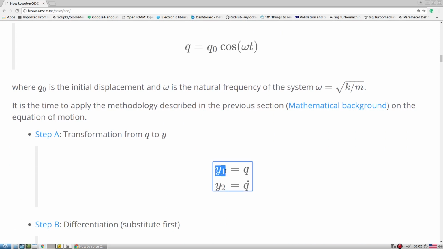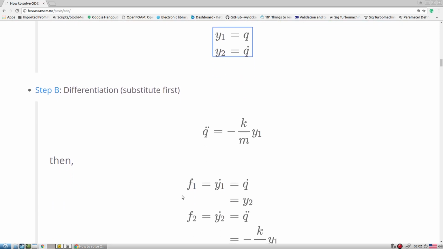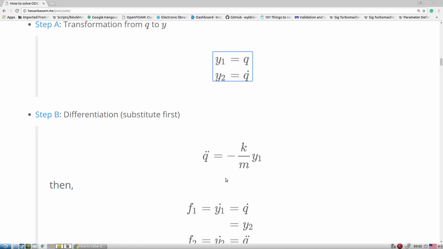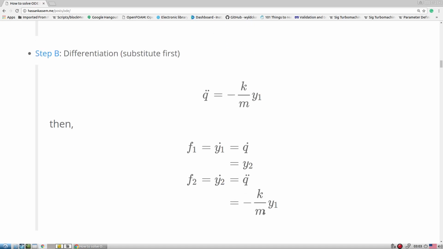That means y1 is equal to q and y2 equal to del q by del t. Now how can we transform this equation? q double dot equals minus k by m times q. So f1 is the first derivative of y1, equal to q dot, equal to y2, we define it as y2. f2 equals y2 dot, equal to q double dot, equal to minus k by m y1.